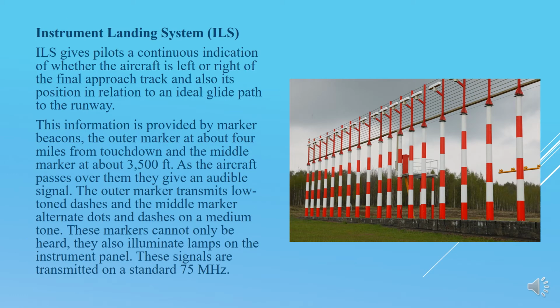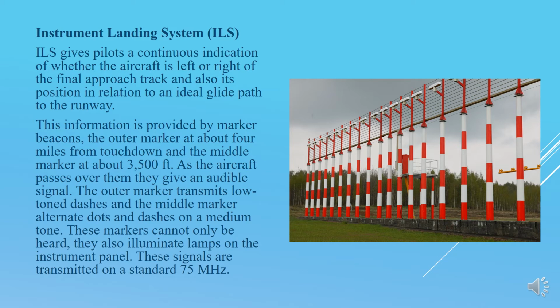Instrument Landing System, ILS. ILS gives pilots a continuous indication of whether the aircraft is left or right of the final approach track, and also its position in relation to an ideal glide path to the runway. This information is provided by marker beacons, the outer marker at about 4 miles from touchdown and the middle marker at about 3,500 feet.